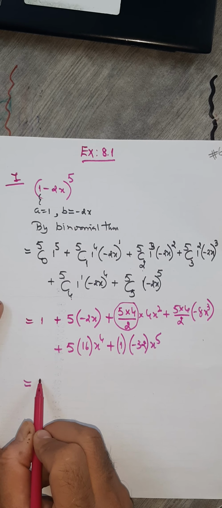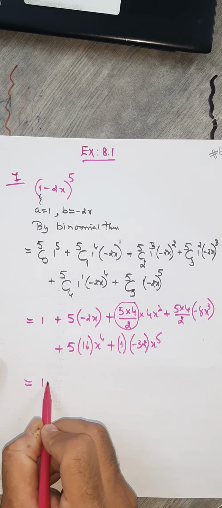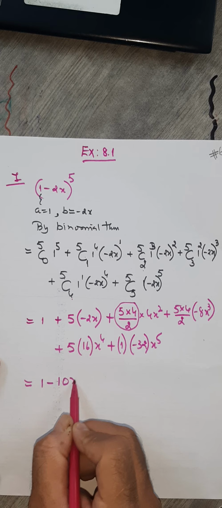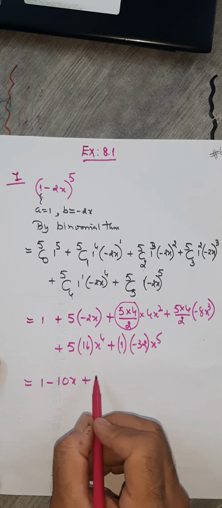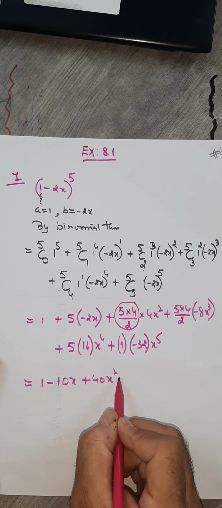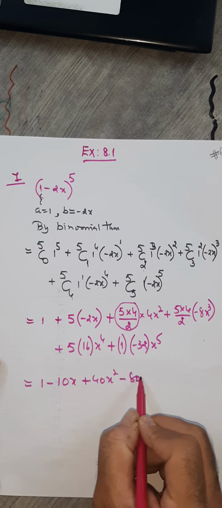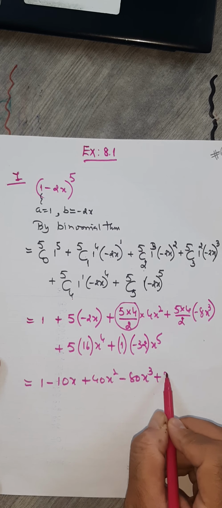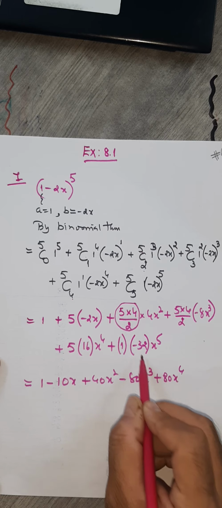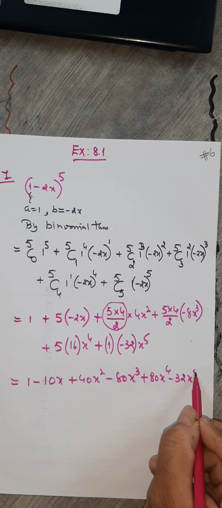So if I write the last step finally, this is 1, this is minus 10x. This is 10 into 4, so 40x squared. What about 10 into minus 8, so minus 80x cube. This is again 80 into x raised to 4. And finally, the last term is minus 32 into x raised to 5.